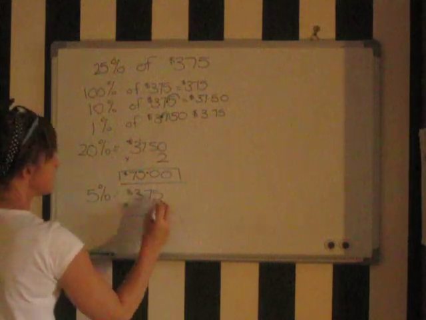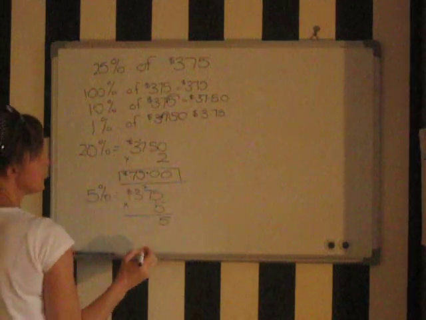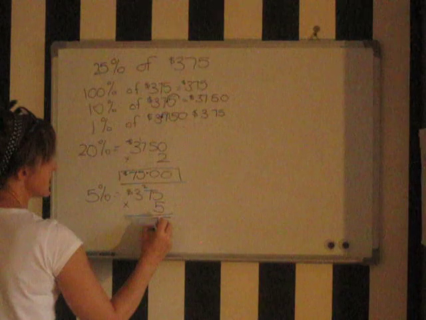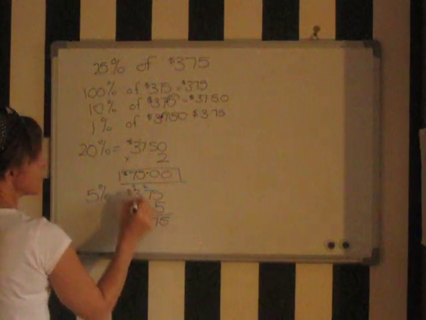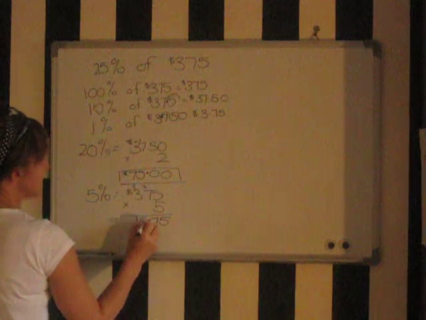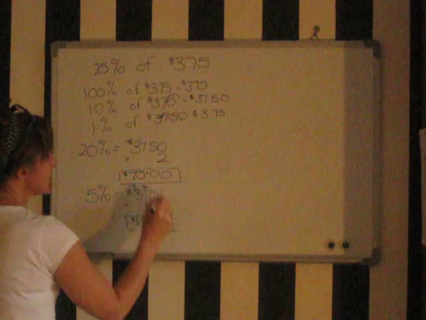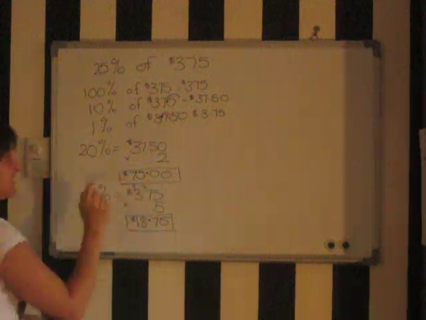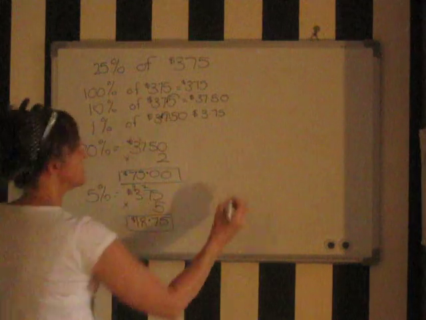Put 5 down, carry the 2. 5 times 7 is 35, plus 2 is 37. Put 7 down, carry the 3. Bring your decimal point down. 5 times 3 is 15, plus 3 is 18. $18.75.